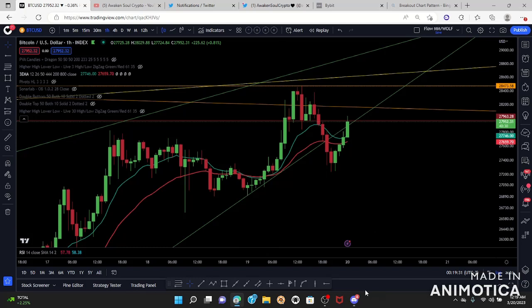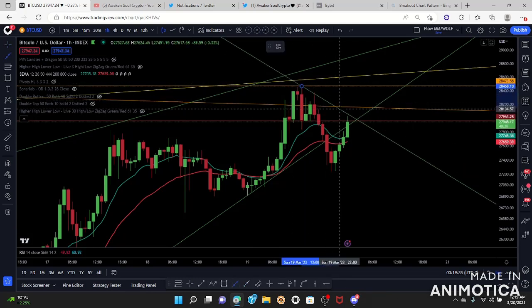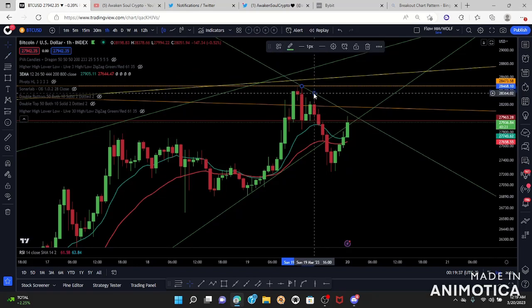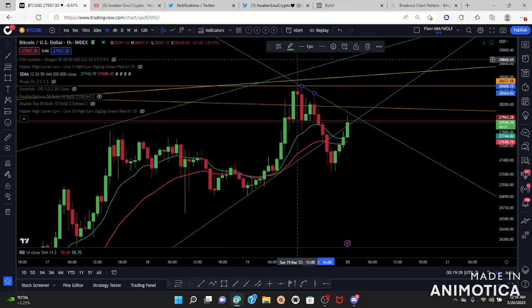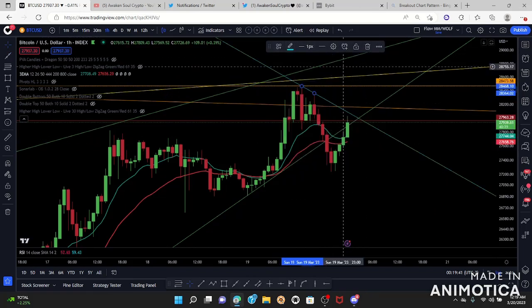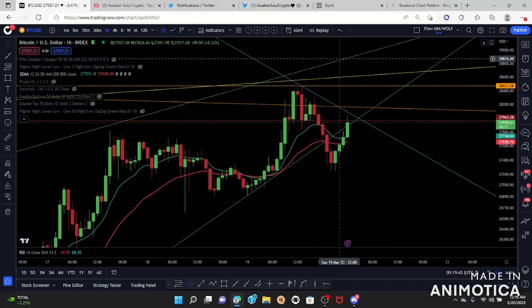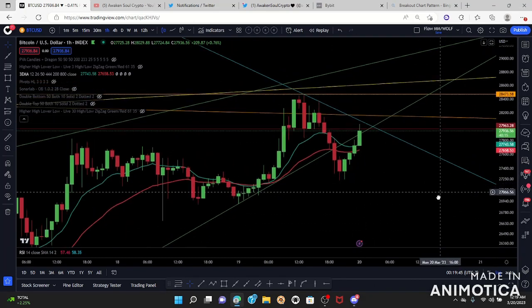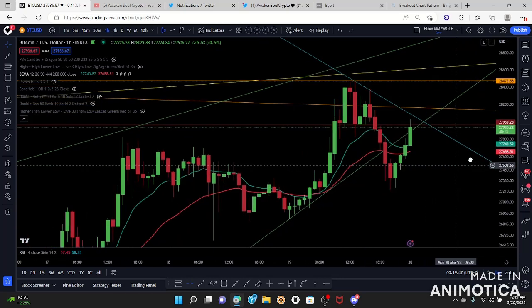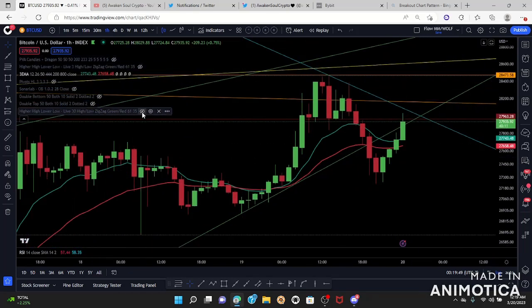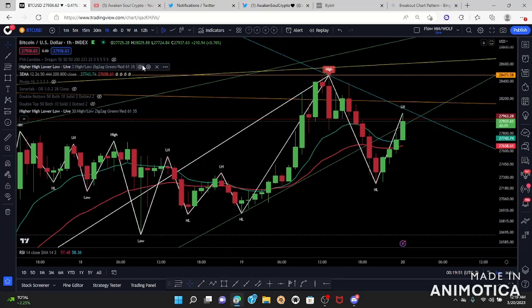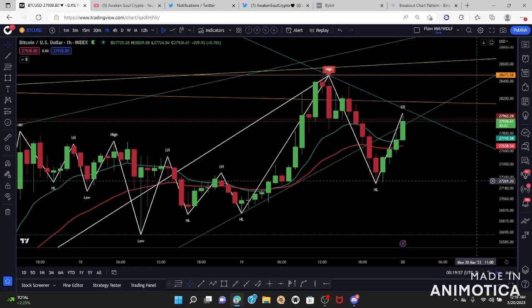what I want to do is, off the bat right here, set this resistance here, right? Because if it breaks this resistance, we'll continue to the upside. Okay, so using my higher high, lower low, I am looking for a lower high as it's printing right here.